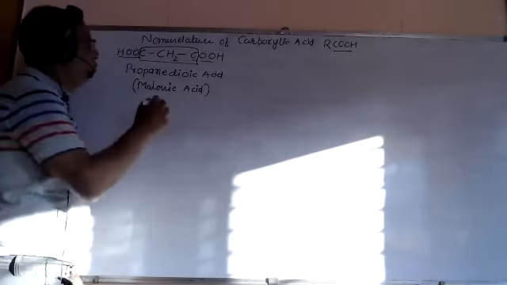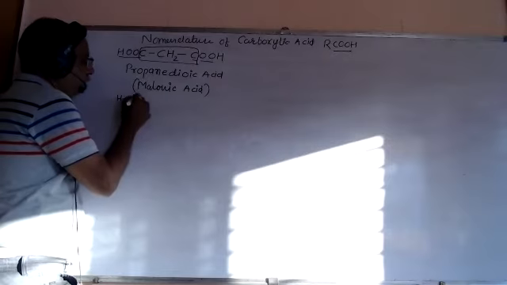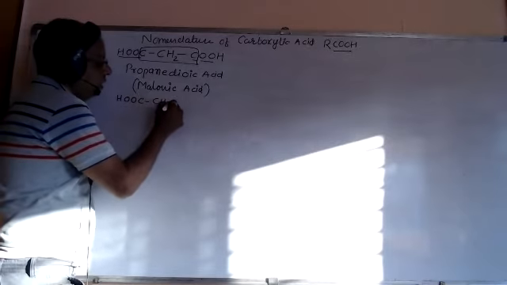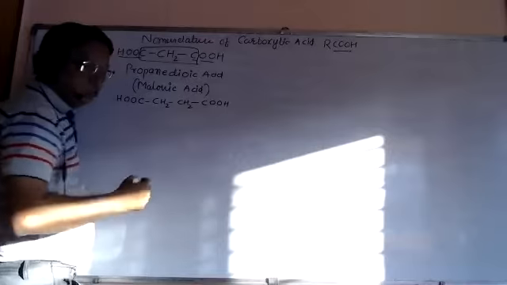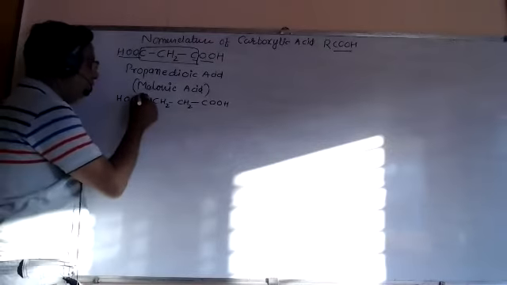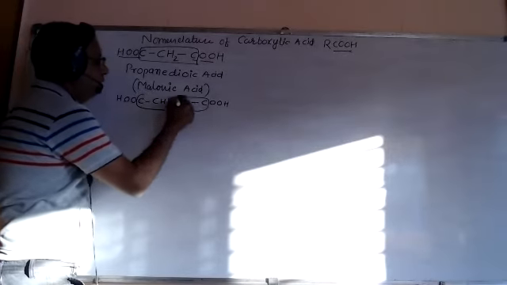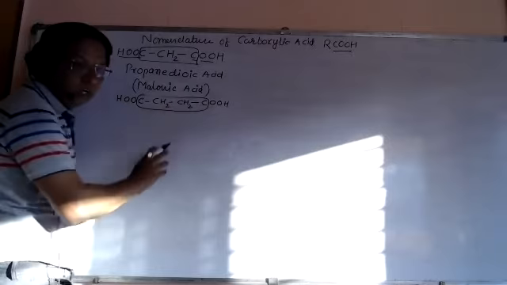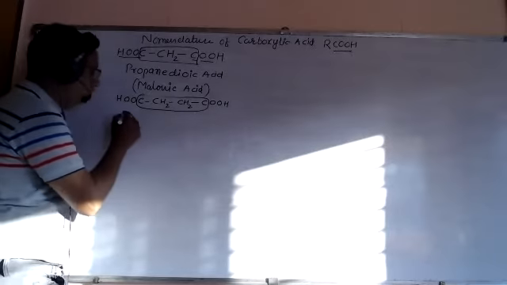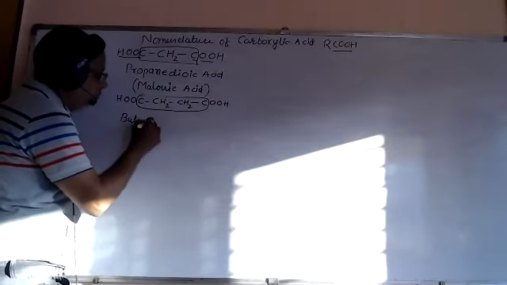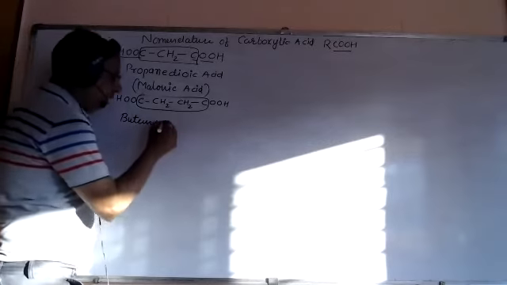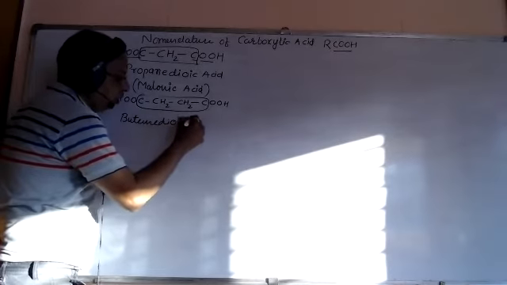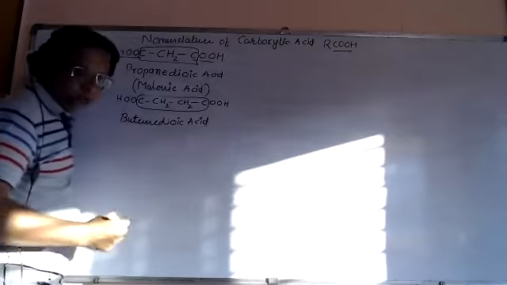If I add one more CH2, it is COOH CH2 CH2 COOH. So once again, this is 1, 2, 3, 4 carbons. For 4 carbon, it is butane. 2 times COOH, dioic acid.